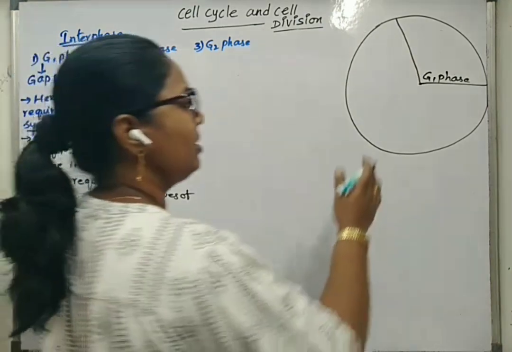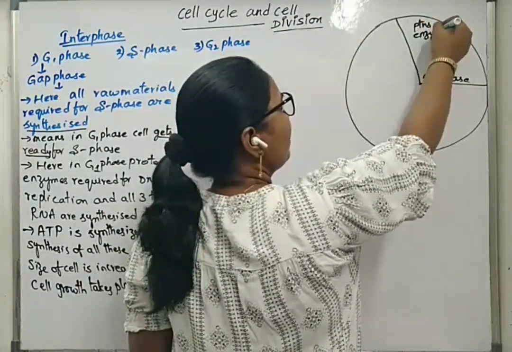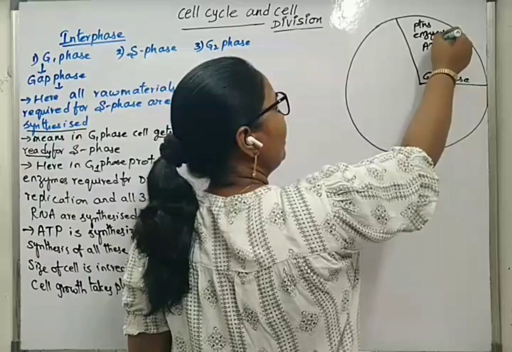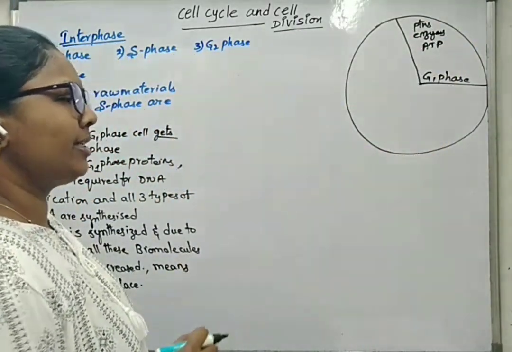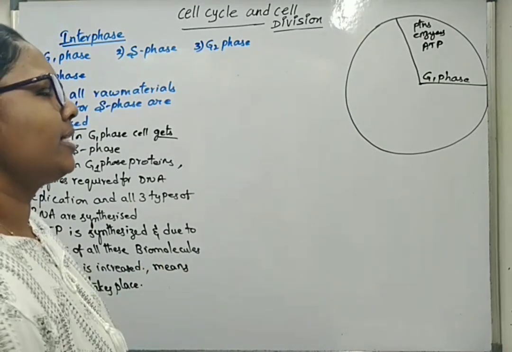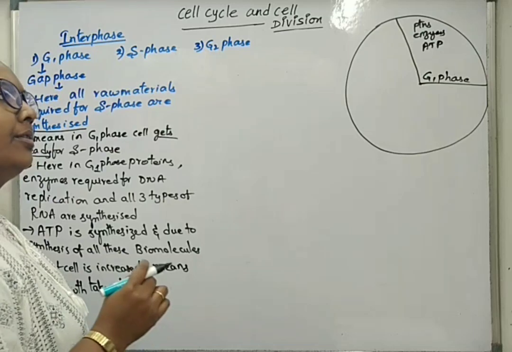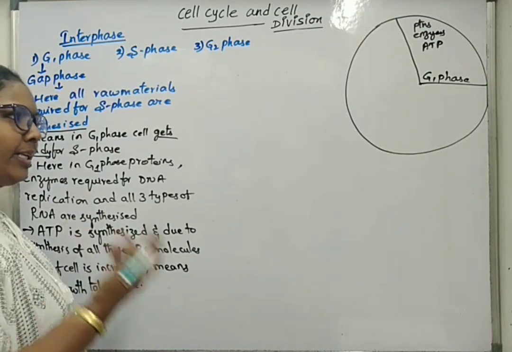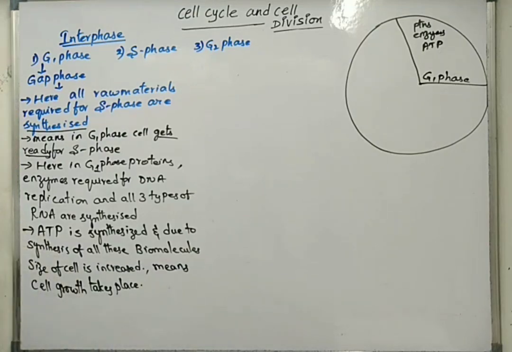So here in G1 phase, proteins are synthesized, enzymes are synthesized, ATP is synthesized, all enzymes that are required for synthesis of RNA, DNA, etc. And ATP is also synthesized here. Why is ATP synthesized? Because for any type of metabolic activity, ATP is required. Here we will see one important point.